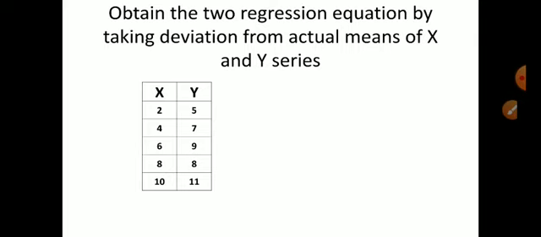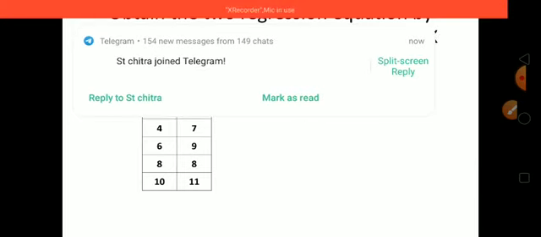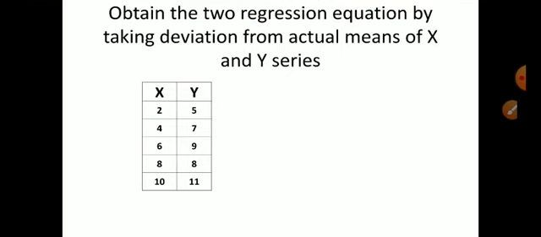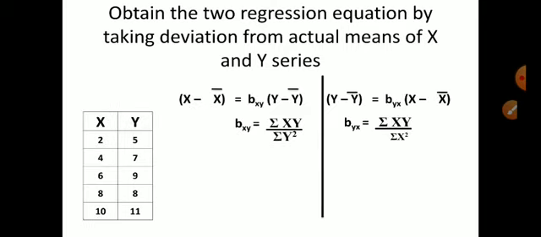That means what? bxy we need to use as summation capital XY divided by summation capital Y square, and byx we have to use as summation XY divided by summation X square. Fine, we'll have a look. Yes, these are the equations. We have to obtain the regression equations x on y and y on x. Just a moment.